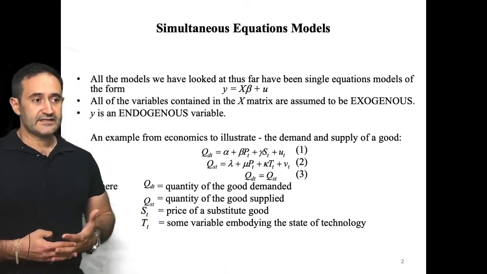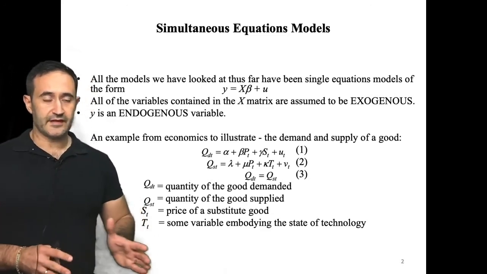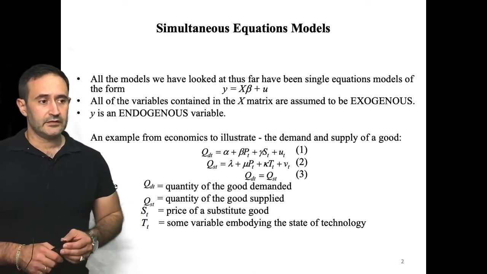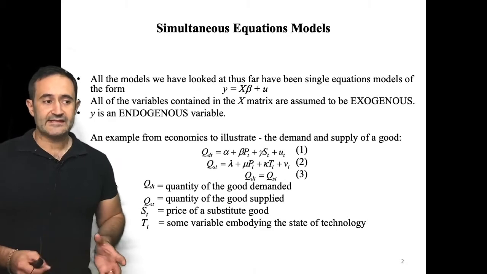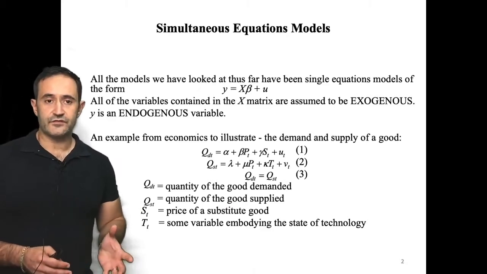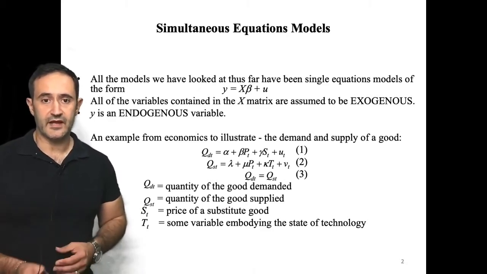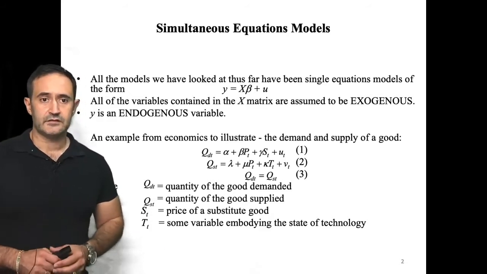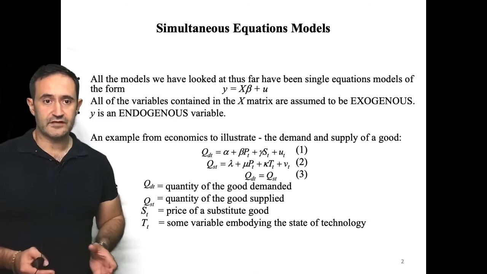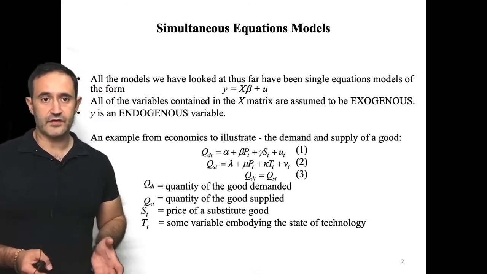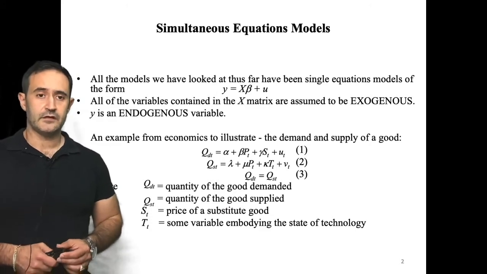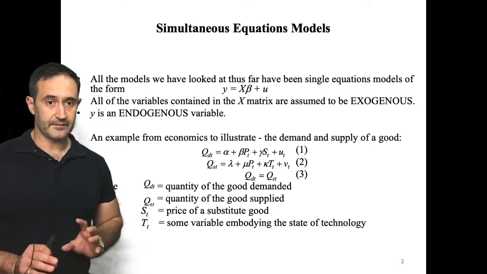So let's just recall a couple of things. If we look at equations 1 and 2, you can guess that we have one equation for demand and one equation for supply, where quantities are Q and prices are P. Mathematically we know how to solve this for Q and P. This is two equations, two unknowns, and we can do that very simply. So we are assuming that we know the Greek letters.